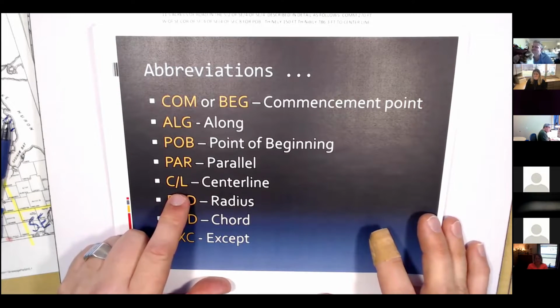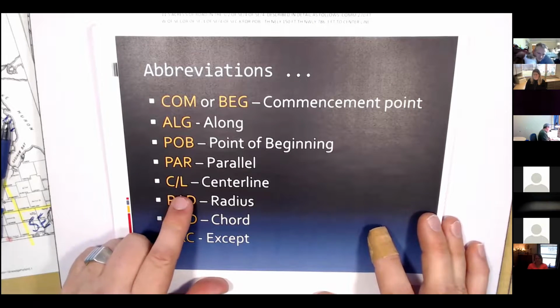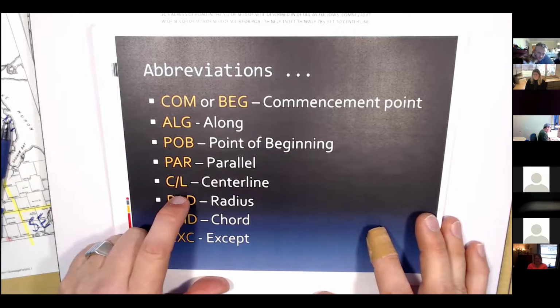Generally speaking, in long description property that's out in the country somewhere, property ownership goes to the center of the road.